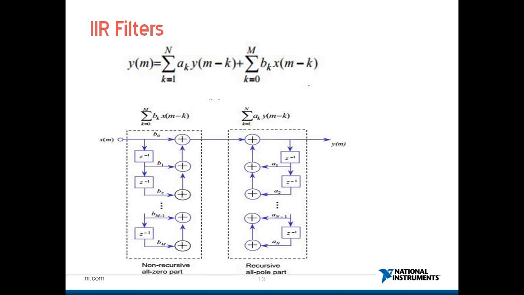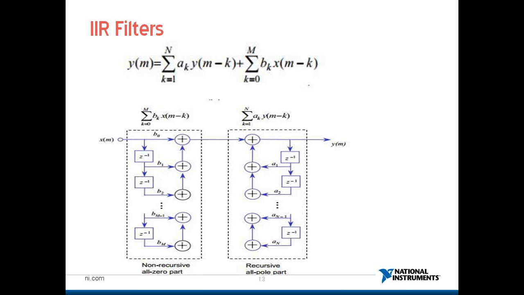Now, apart from these FIR and IIR filters, we have a lot of other categories in which we classify the filters. For example, a low pass, a high pass, a band stop, a notch, a comb filter, a ripple filter, which, as the name suggests, performs the functions.